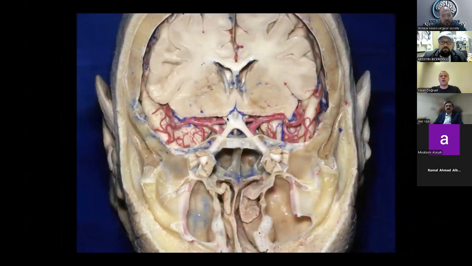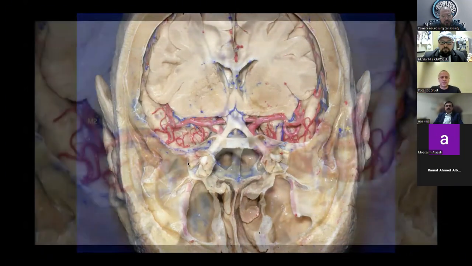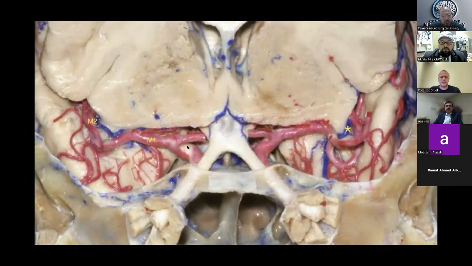Here, in a coronal section of a cadaveric brain with the frontal lobes cut, as you see here, the M1 segment, after the carotid bifurcation, gets into the Sylvian fissure.